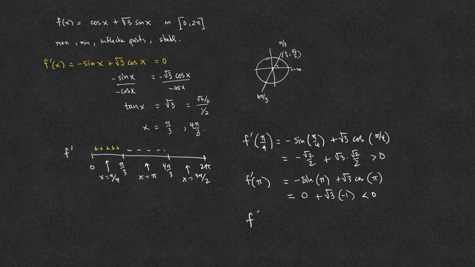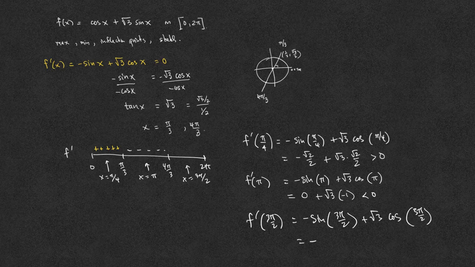And lastly, we plug in 3 pi over 2 into the first derivative to get negative sine of 3 pi over 2 plus the square root of 3 cosine of 3 pi over 2. Sine of 3 pi over 2 is negative 1, so this is positive 1. Cosine of 3 pi over 2 is 0, so the whole thing is positive.